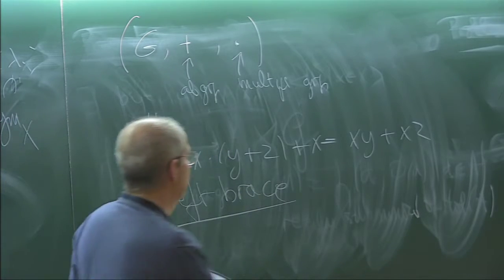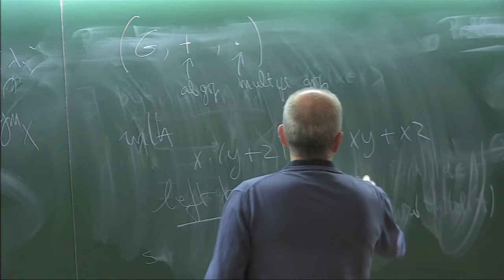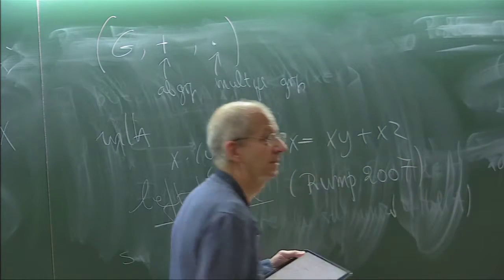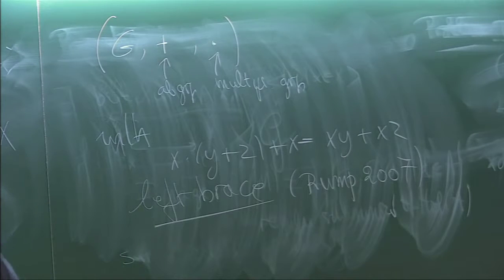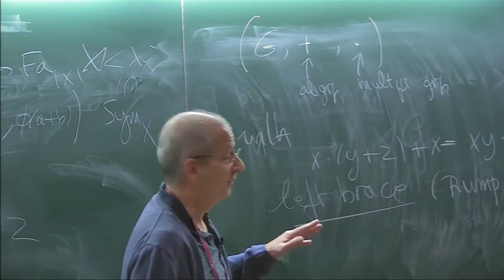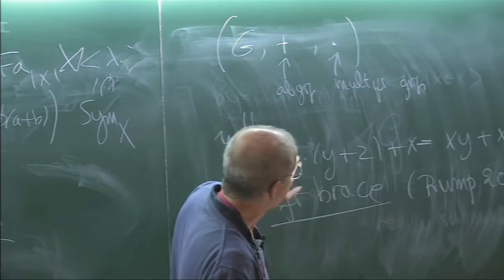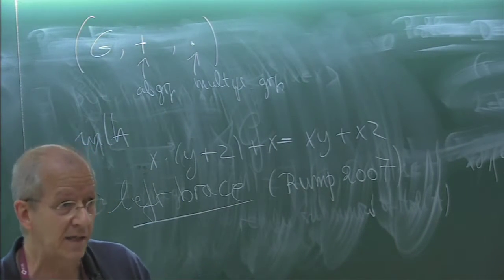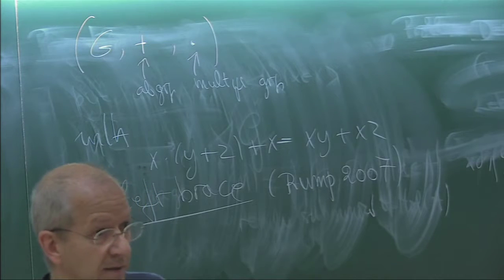A notion invented by Wolfgang Rump, I think in 2007 or 2008. And since then, this work has exploded. This is an exponential growth at the moment, not polynomial time. You can define similarly a right brace by putting these things on the other side. And a two-sided brace is a left brace that for the same operations is also a right brace.